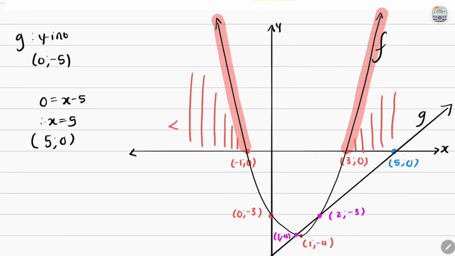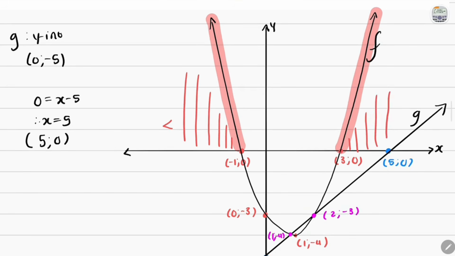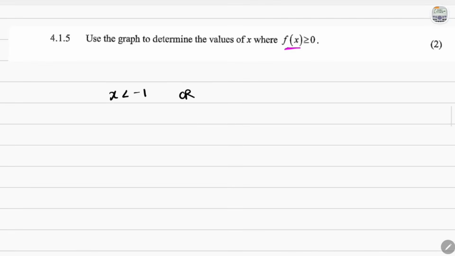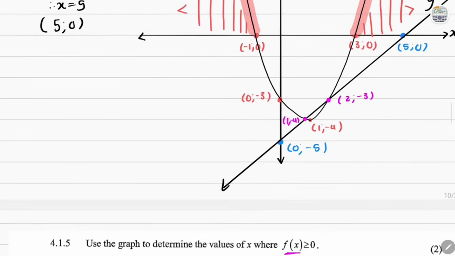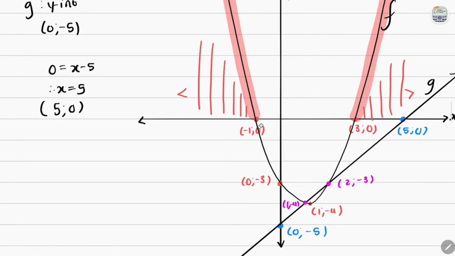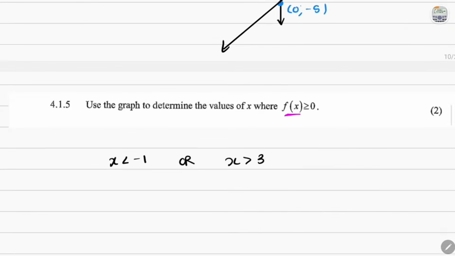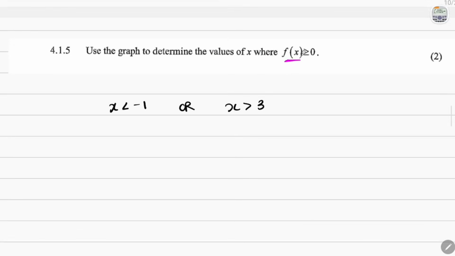Line it down to the x-axis, and you can see that these are values that are moving to the right-hand side of 3. So these are values that are greater than 3. So x is greater than 3. But don't forget the equal to as well, because at these points we have y values of 0, and they want you to solve for x for which f of x is greater than or equal to 0.